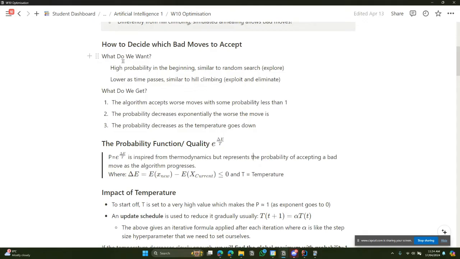We need some kind of probability function that has a high probability at the beginning, in what we call the explore stage. This is when the algorithm has a high probability of accepting any solution, no matter how bad it is, right at the very start of the algorithm. It pretty much accepts every solution, no matter how bad or good.